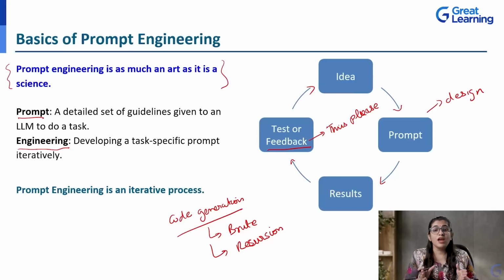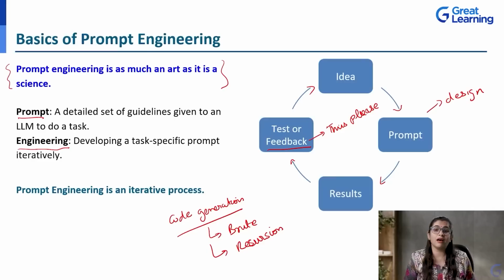That's why we say prompt engineering is an iterative process based on the guidelines or the detailed set of instructions that you provide for a specific task. Now let's go back a bit. We said when we started about prompt engineering that it is an art as well as a science.